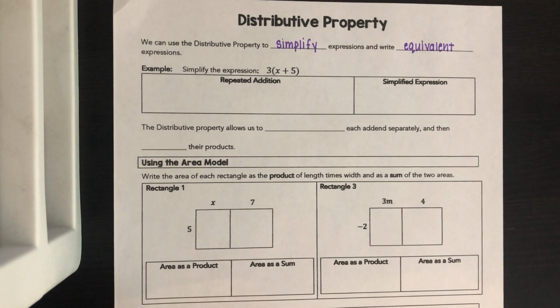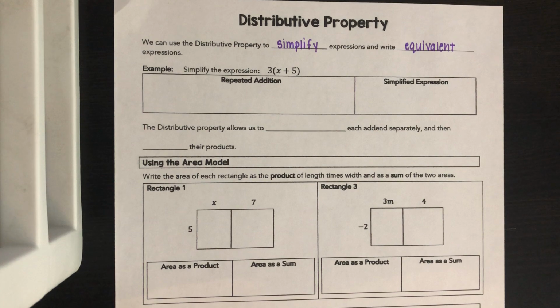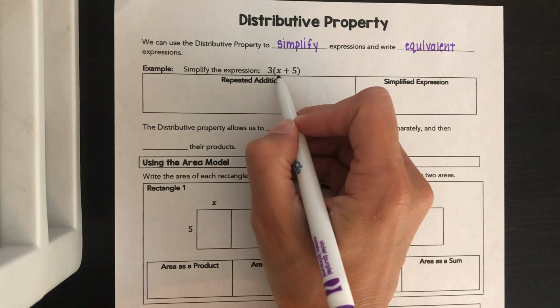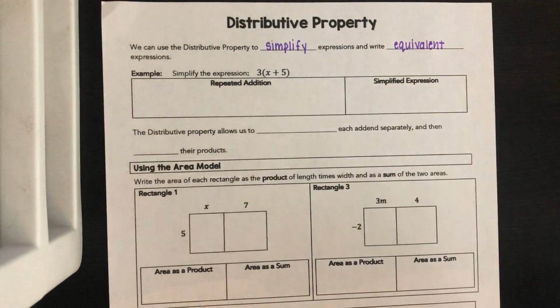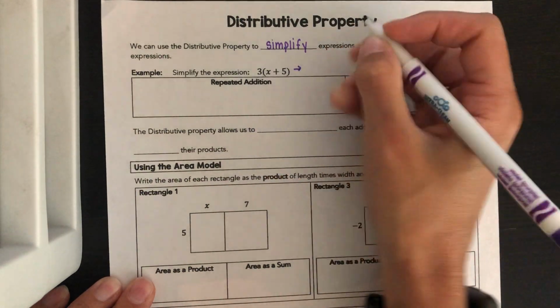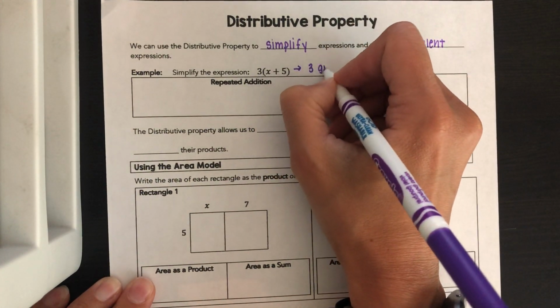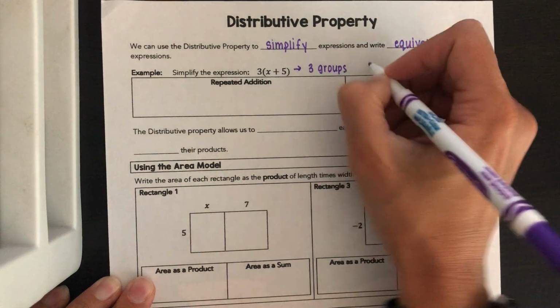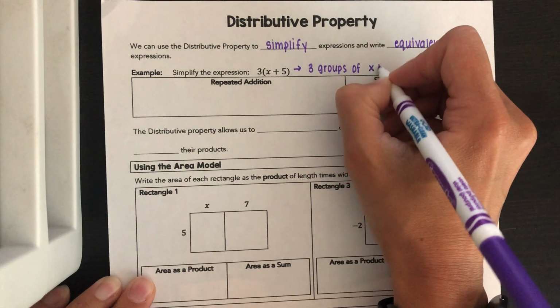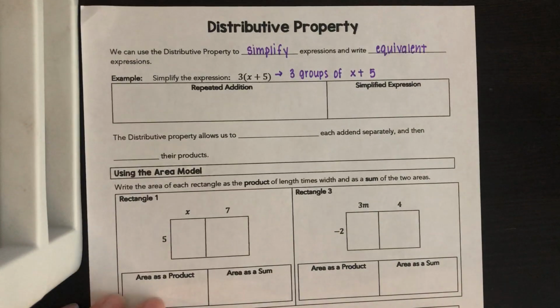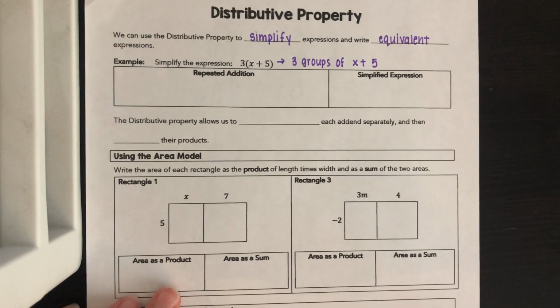If we're being asked to simplify the expression 3 times the quantity, or the sum, of x plus 5, this really means the same thing as 3 groups of x plus 5. And we know that multiplication is really the same as repeated addition.